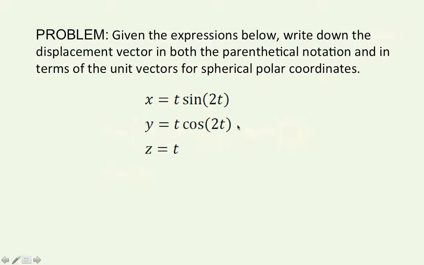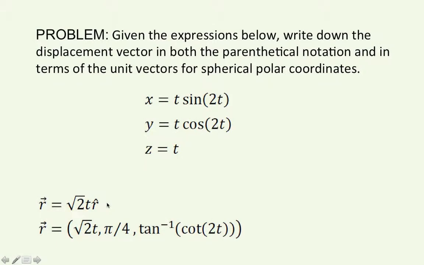In this problem, I want you to take these parametric expressions for x, y, and z and find the displacement vector in spherical polar coordinates. In terms of the unit vector, you should have gotten square root 2 times t times r hat.